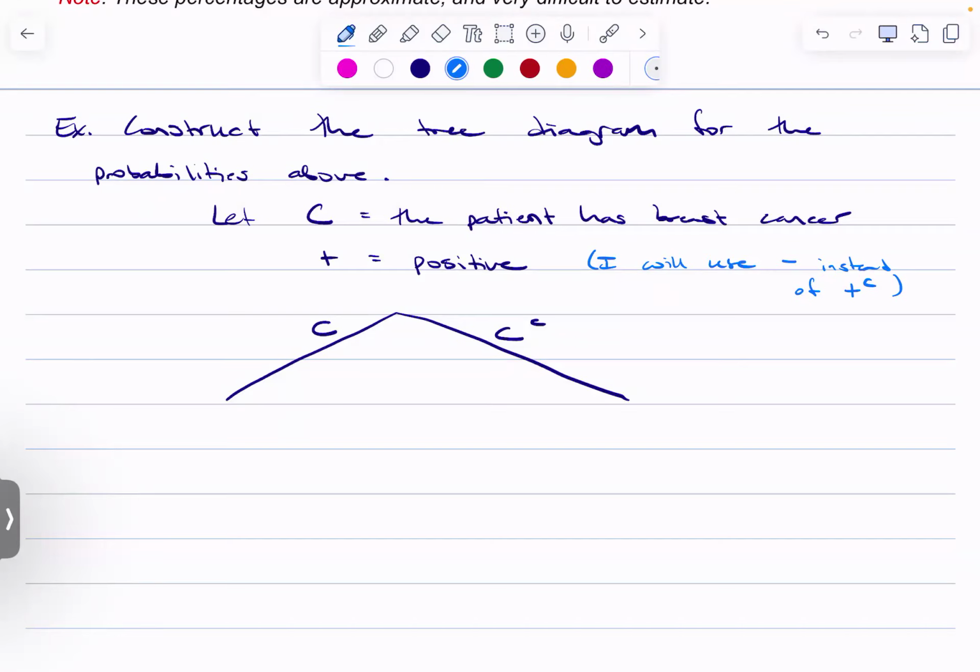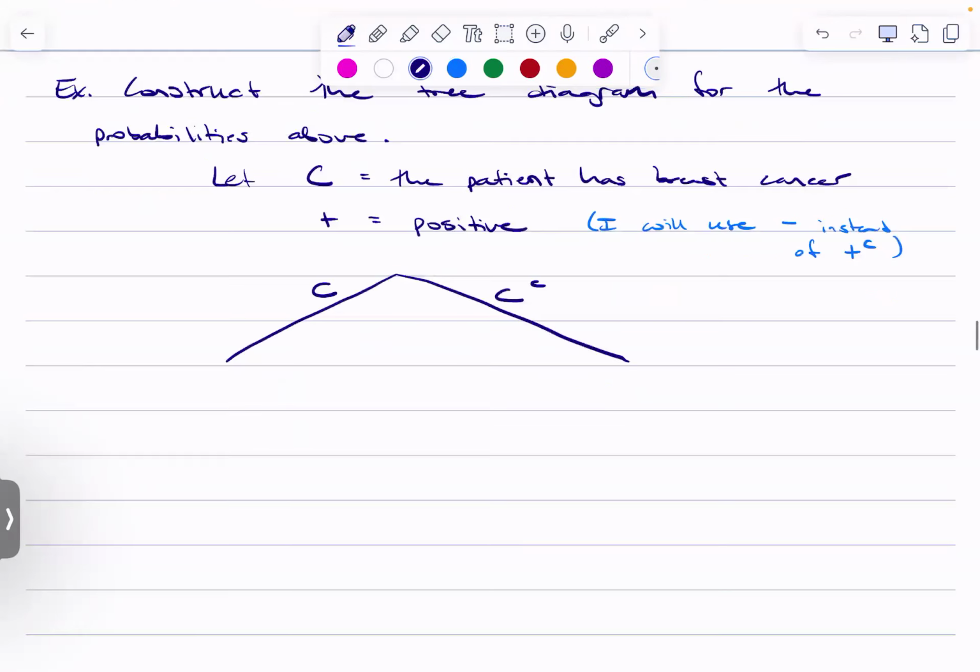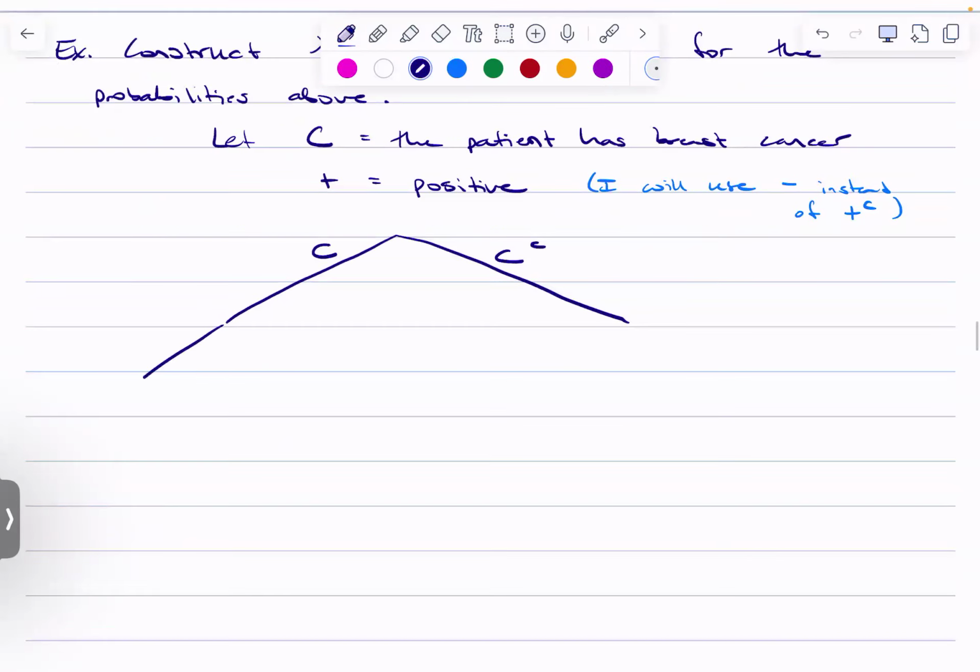And so that's what I tend to use. But if you want to just stick with the complement, totally fine. Okay, so if you have cancer, you can either get a positive test or a negative test. Same thing, if you don't have cancer, you can potentially get a positive test or a negative test.